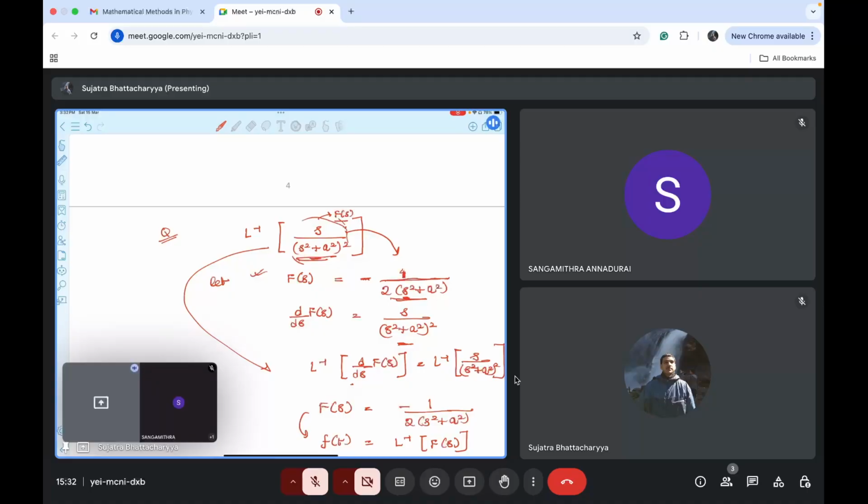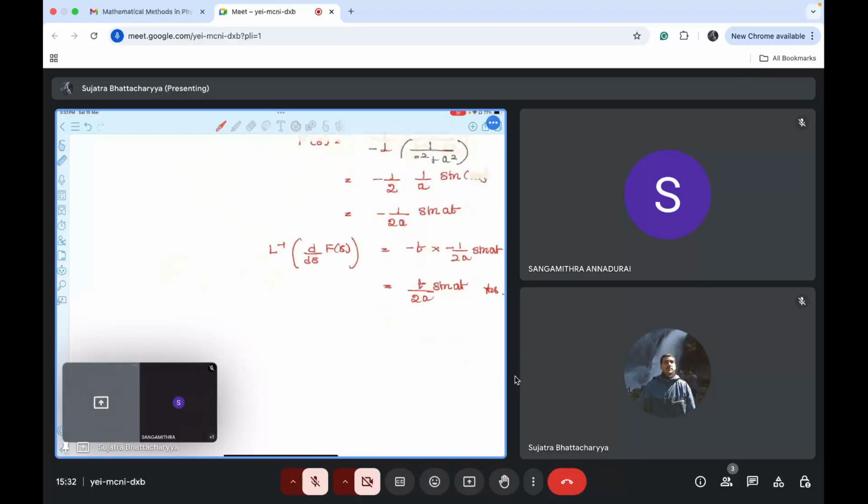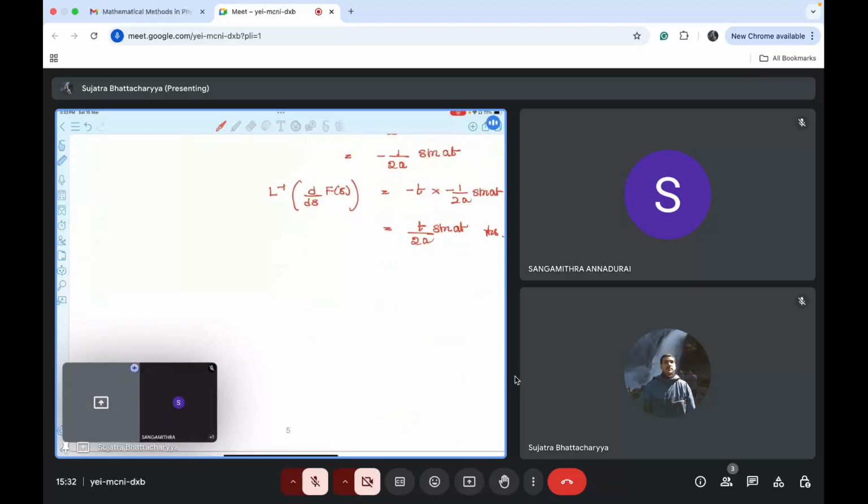So instead of directly writing this as your F(s), try to look for certain properties and try to visualize based on that. It will be easier for you to solve. I know every property is not easy to remember, but if you just remember the Laplace transform properties, it will be very easy for you to reproduce the inverse Laplace transform properties and implement them.